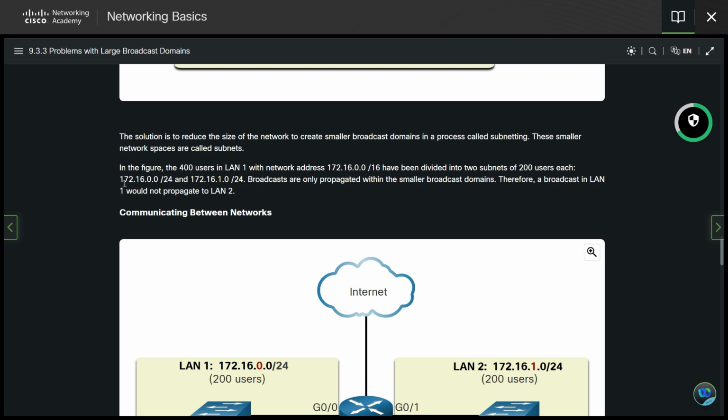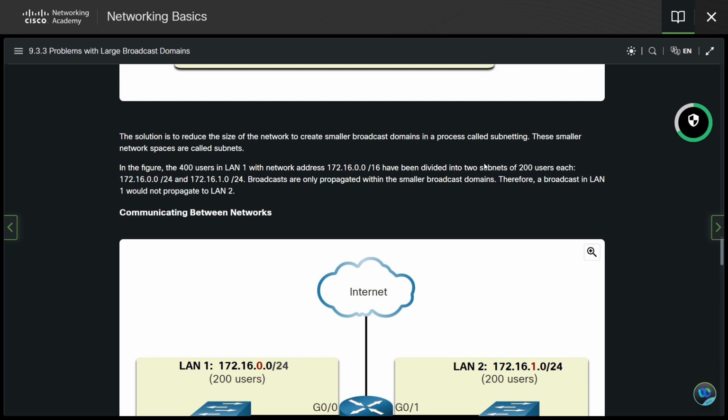The first is 172.16.0.0/24 and the second is 172.16.1.0/24.